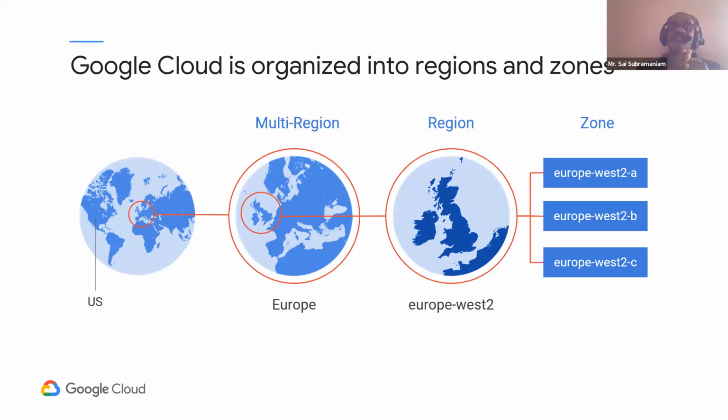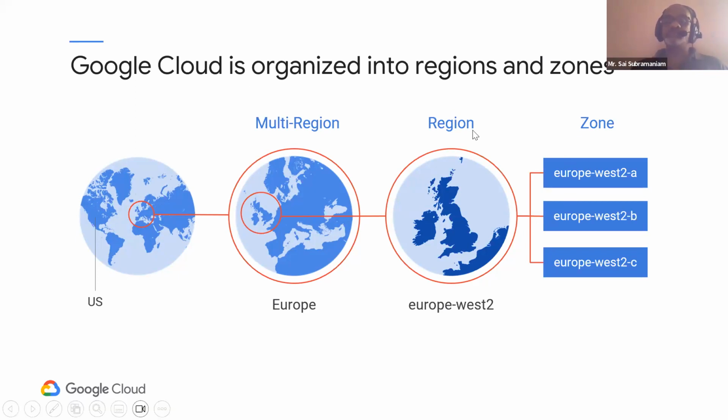And every region is divided into a minimum of 3 zones and a maximum of 4 zones. It depends on the region that you are selecting. So in this slide, if you see, I refer to a region as Europe-West 2. So whenever we say this Europe-West 2, you can see the zones.